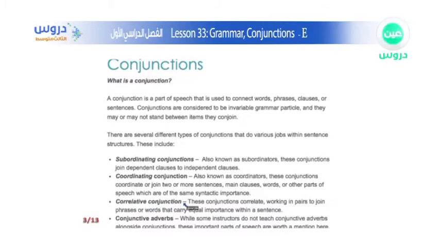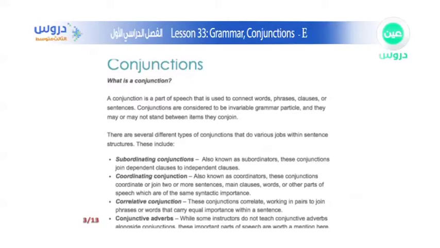Correlative conjunctions. These conjunctions correlate, working in pairs to join phrases or words that carry equal importance within a sentence. Conjunctive adverbs. While some instructors do not teach conjunctive adverbs alongside conjunctions, these important parts of speech are worth a mention here.